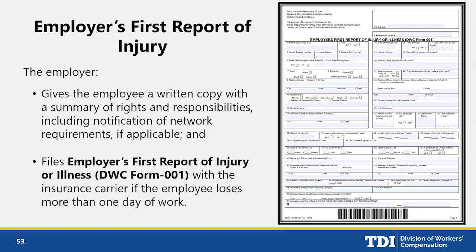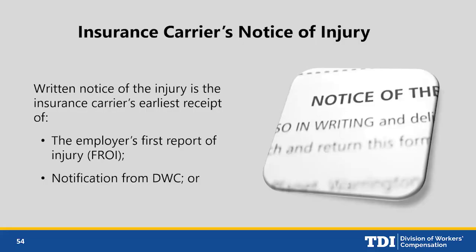Now, again, if it's an emergency, they can go anywhere at the beginning, but as soon as it's not an emergency, they need to go to a network doctor. And the employer files that first report of injury. It's the DWC Form 001 with the insurance carrier if the employee loses more than 1 day of work. So that's your responsibility, employer, or some of them.